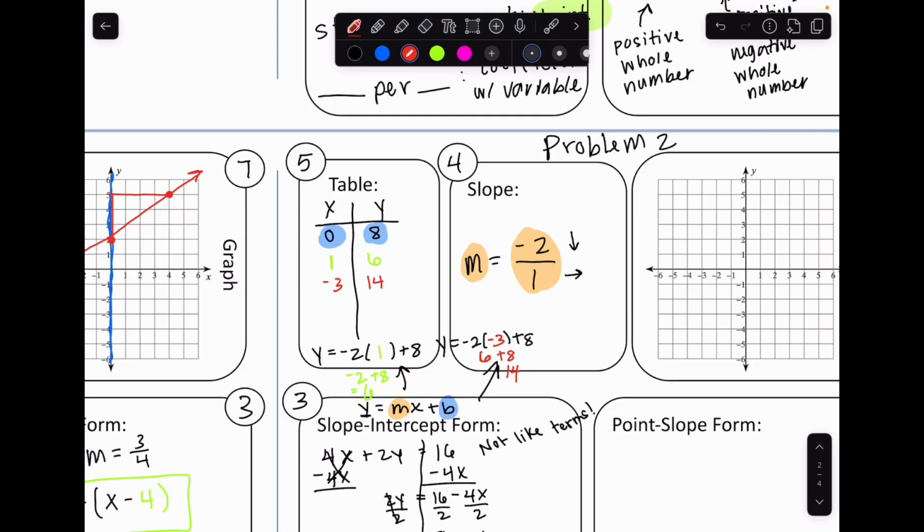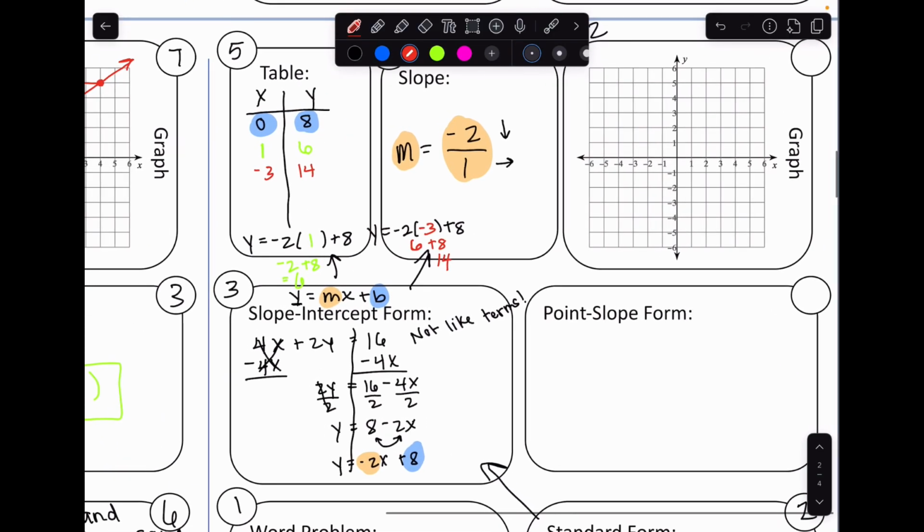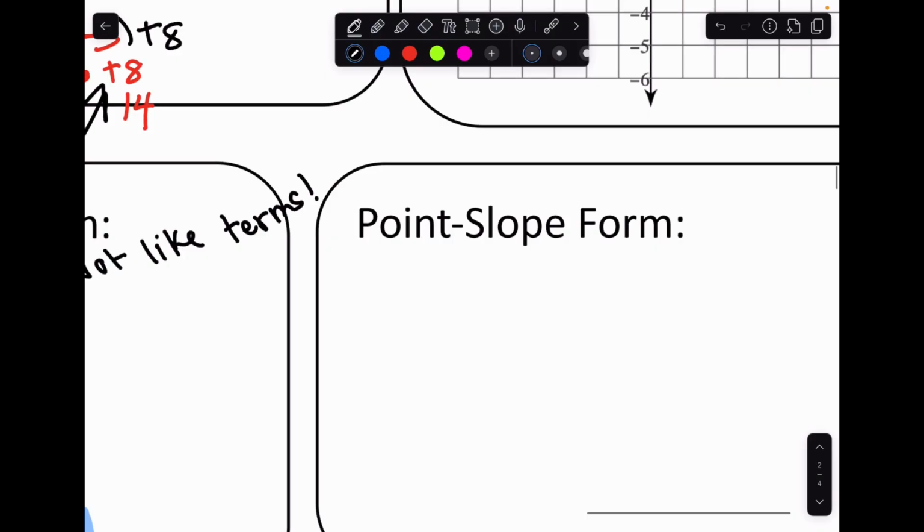Now, let's go to point-slope form. For my point-slope form, all I need is one point and a slope. So I'm going to pick one of my points that I just did, and I'm going to pick 1, 6.